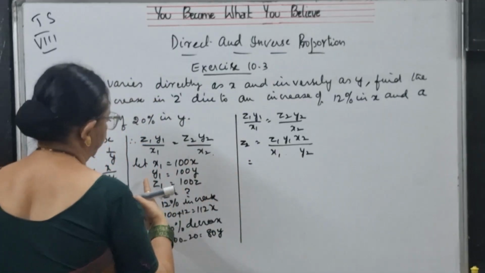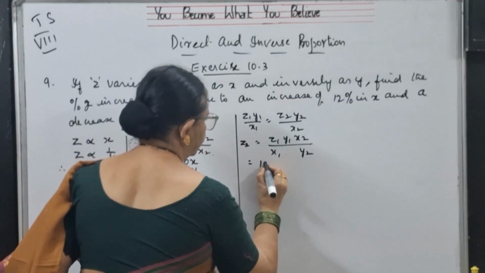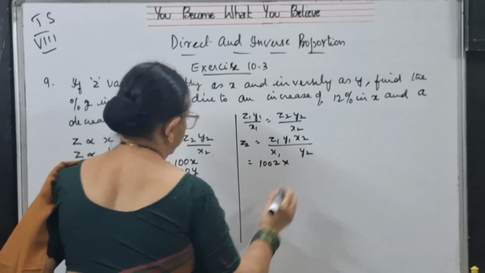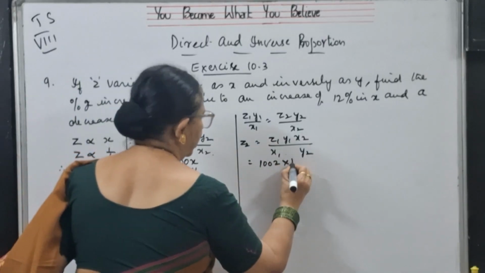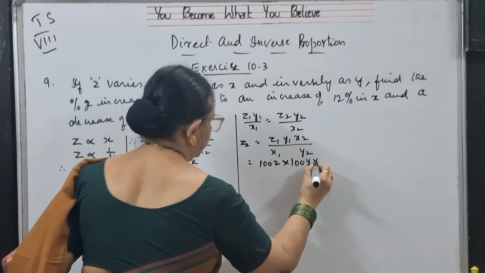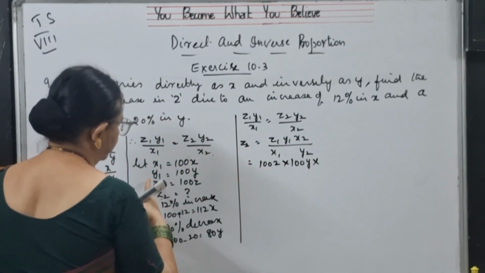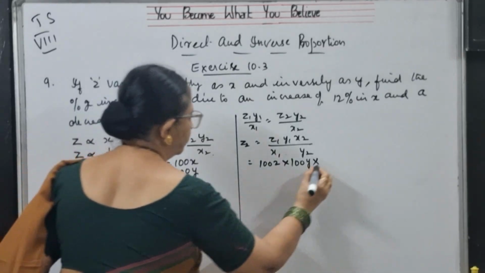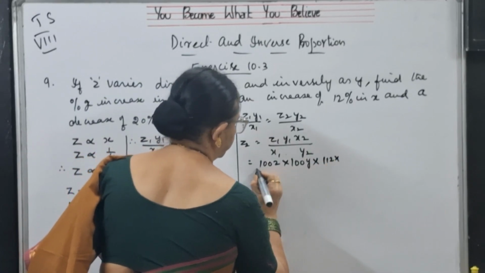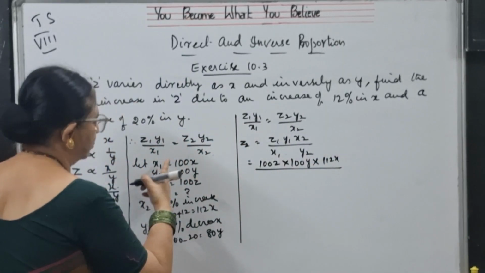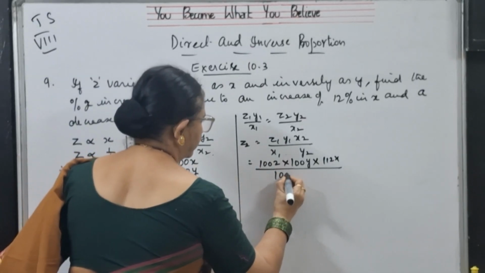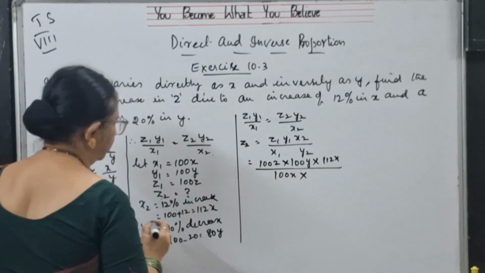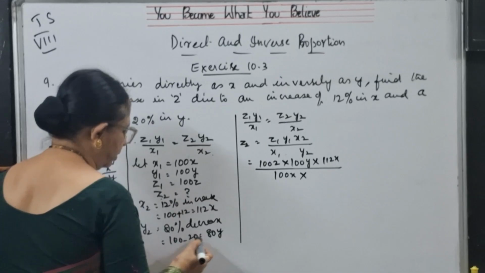So what is z1? Z1 is 100z into y1. What is y1? 100y into x2. What is x2? X2 is 112x by x1. X1 is 100x into y2. Y2 is how much you got? 80y.